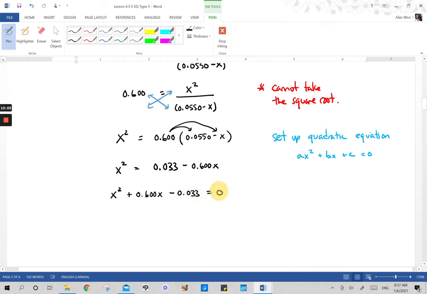And it's all equal to 0. So this is the quadratic equation. Okay, so the coefficient in front of the x squared is actually a 1. So this is a equals 1. The number in front of the x is positive 0.600, so that equals b. And our c value is negative 0.033.